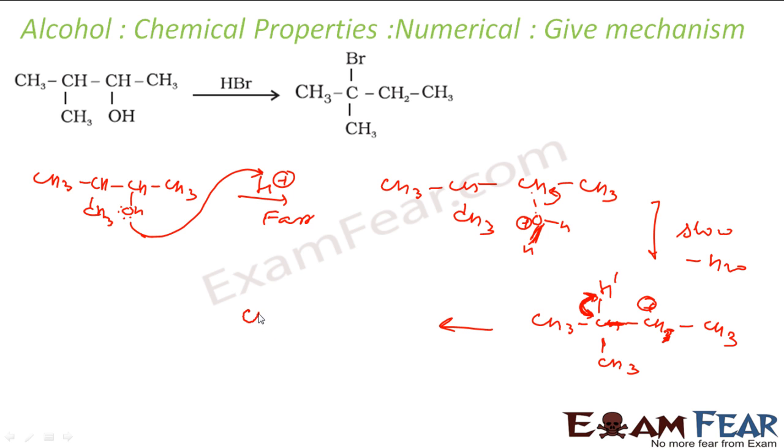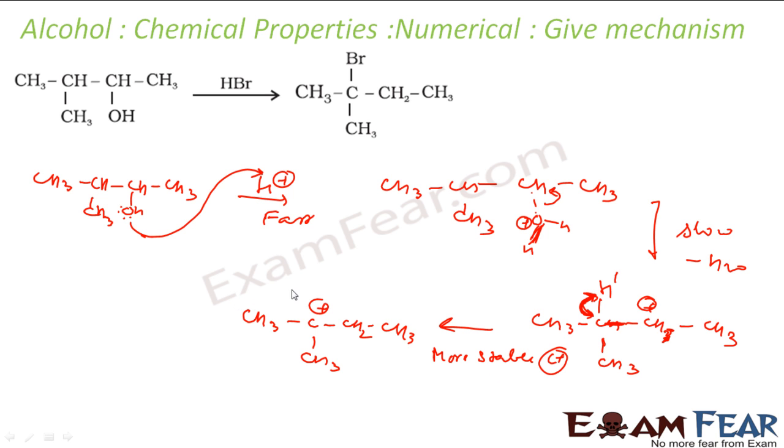So what you get is C+. Why is this happening? Because with this you get a more stable carbocation. So there's a rearrangement that happens.